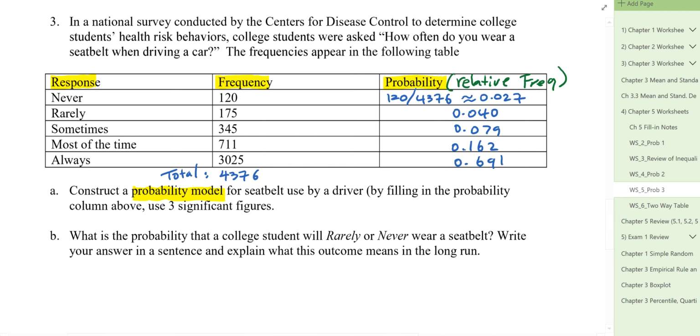Part B, what is the probability that a college student will rarely or never wear a seatbelt? Again, notice that the word or is used here, rarely or never. Write your answer in a sentence and explain what the outcome means in the long run. So rarely or never. Notice that rarely and never are disjoint events.